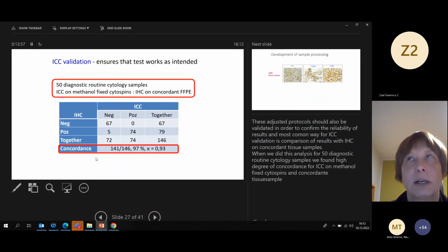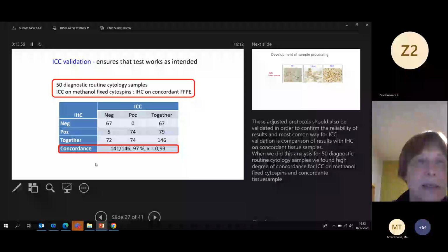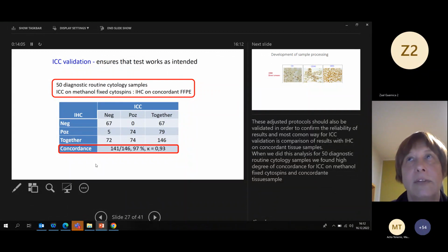But of course, it's not possible to perform such extensive validation for each and every marker, and for the rest of the markers which are not so demanding, we just confirm correct immunoreactivity on methanol-fixed cytospins. And finally, we validate our procedure by comparing ICC on methanol-fixed cytospins with IHC on concordant tissue samples for 50 diagnostic routine cytology samples, and we achieved a very high concordance.